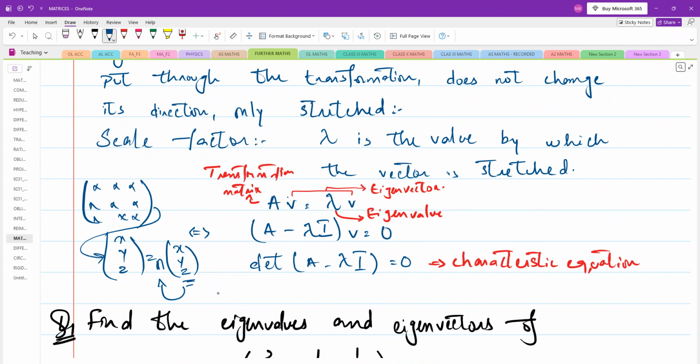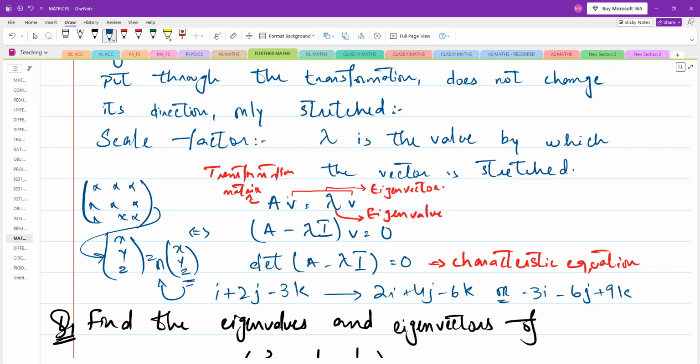number. So in other words, let us say that we had a vector i plus 2j minus 3k. It will become something like 2i plus 4j minus 6k, or something like minus 3i minus 6j plus 9k.